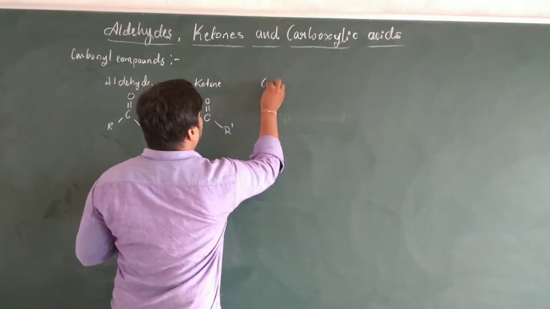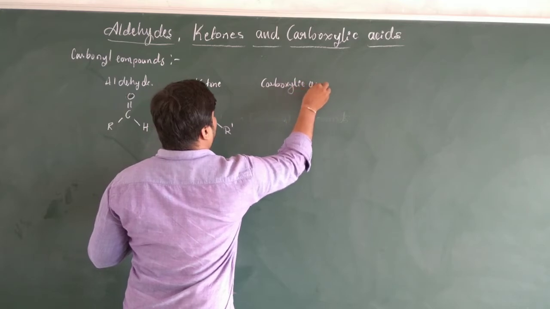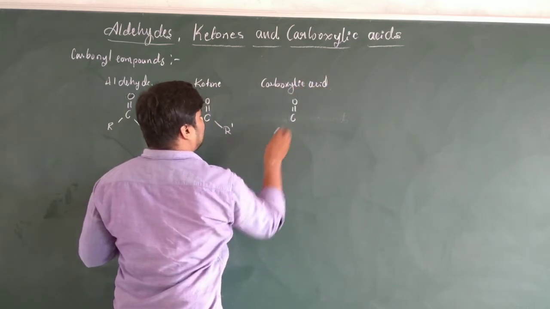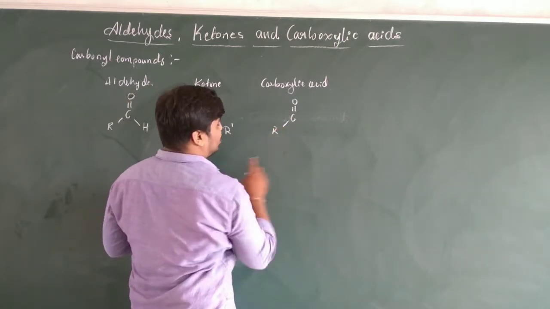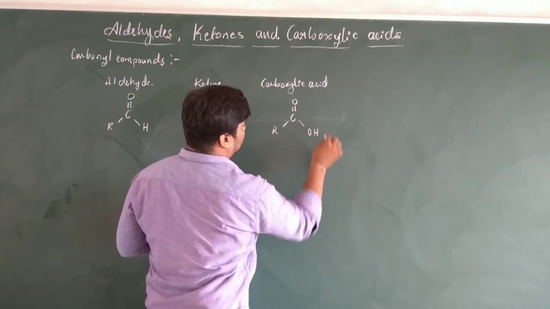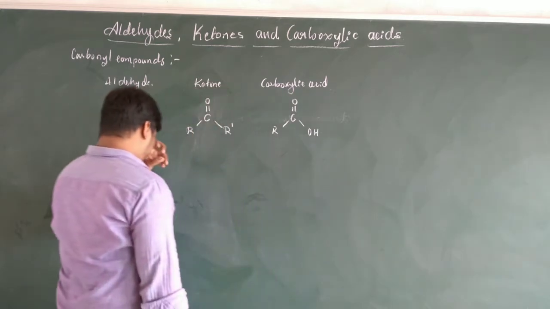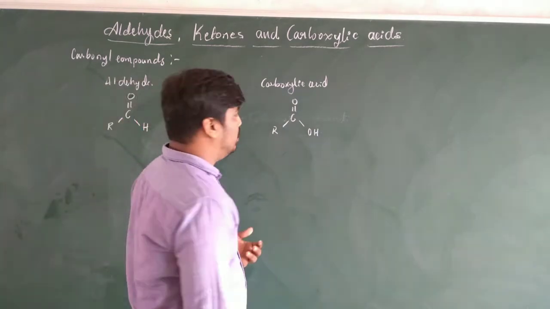Next, carboxylic acid. What is the meaning of carboxylic acid? The carbon contains oxygen, with a long chain alkyl group on one side and a hydroxy group on the other side. Alcoholic group means OH, hydroxy group.